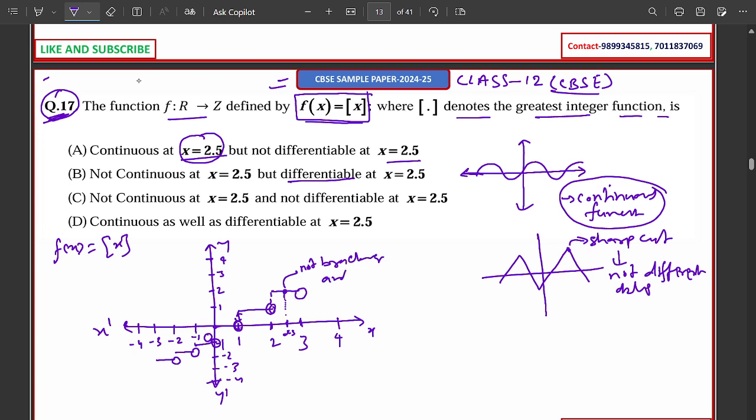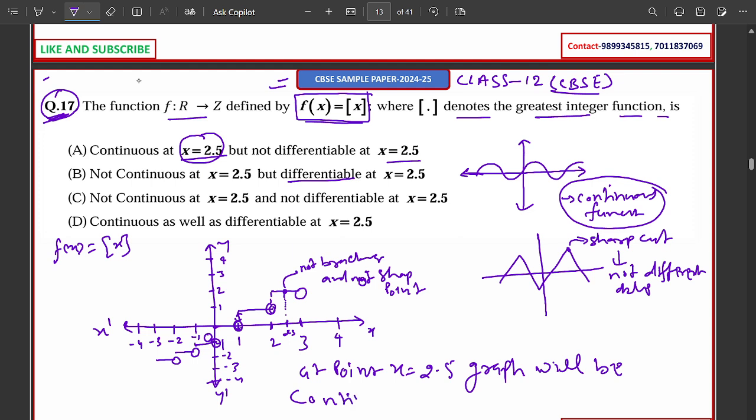and there is no sharp point. It means at this point the graph will be continuous. At the point x equal to 2.5, the graph will be continuous and differentiable.